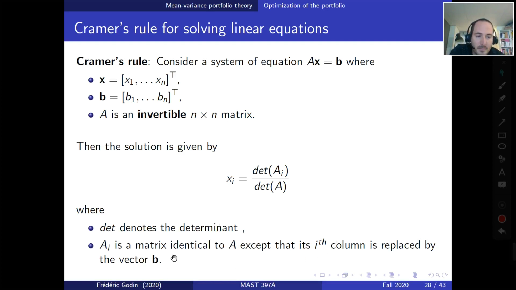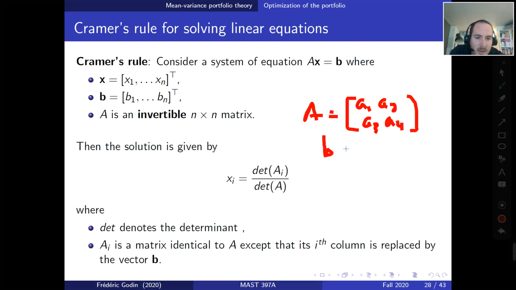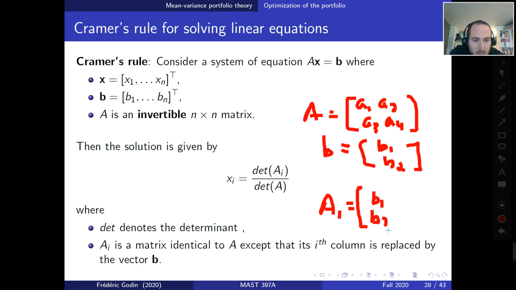So for example, let's say A is A1, A2, A3, A4. Let's just have something like that. And let's say vector B is B1, B2. Then, for example, A1 would be equal to B1, B2, A2, A4.